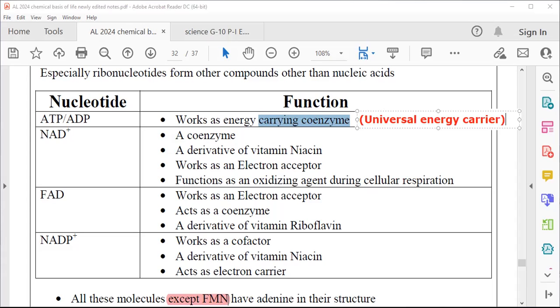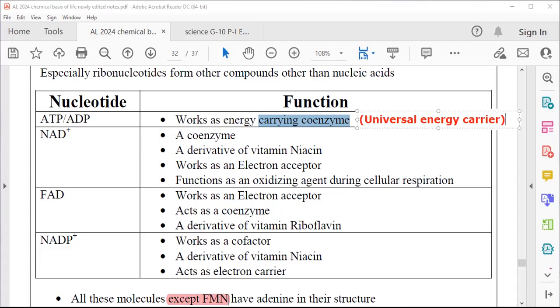Why do we say universal? It means in the entire biological world, if you take a bacteria, a fungus, up to the most complex organism, human, in all the organisms, who is the energy carrier?